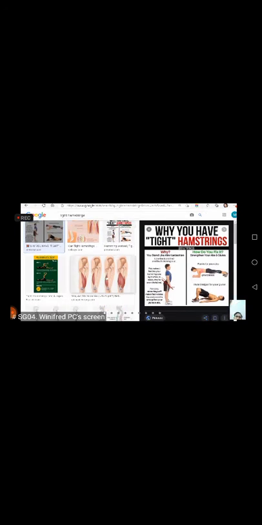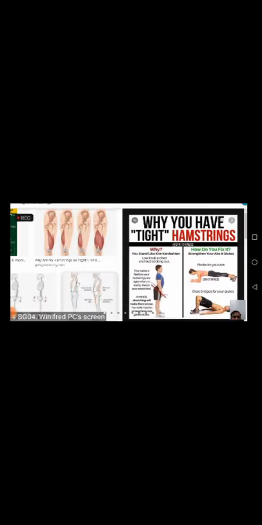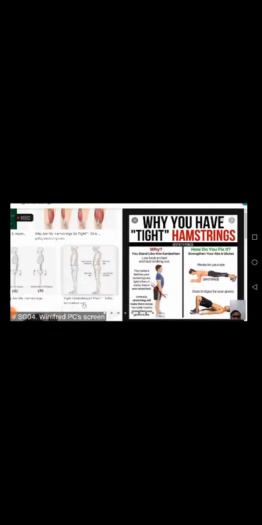So here you can see the tight hamstring. Not this one. Just with the leg straight, tight hamstring.